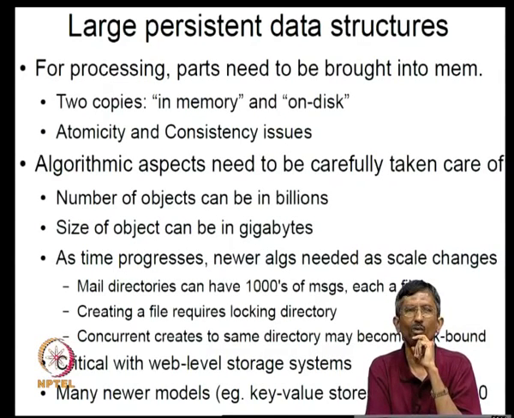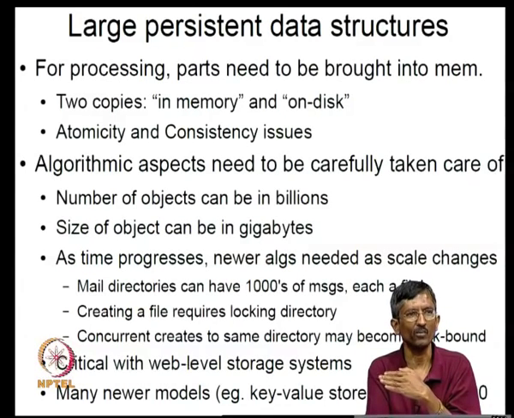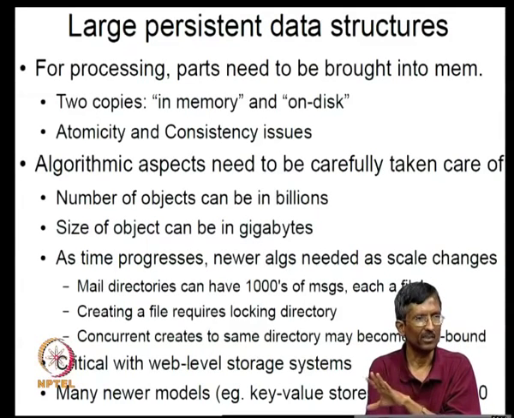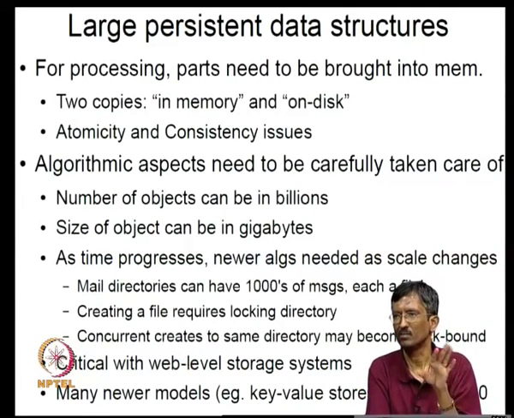And CPU cannot directly access them. That means that whatever data you want to manipulate, it has to come to memory first. That means there are two copies available. One is in the storage medium, one is in memory. Once you have two copies, there is an issue of consistency.